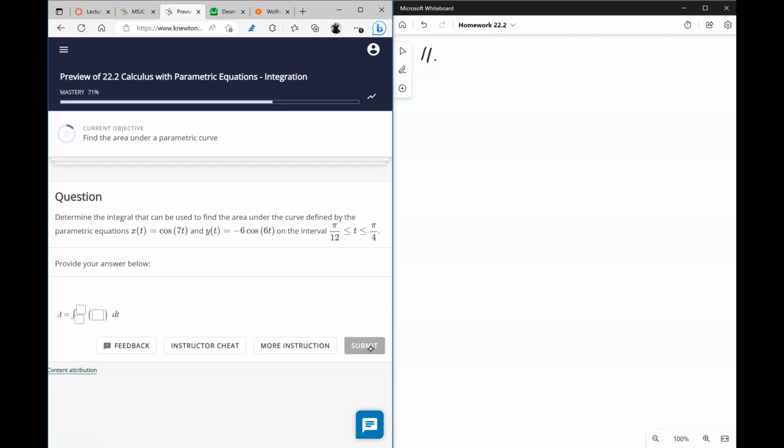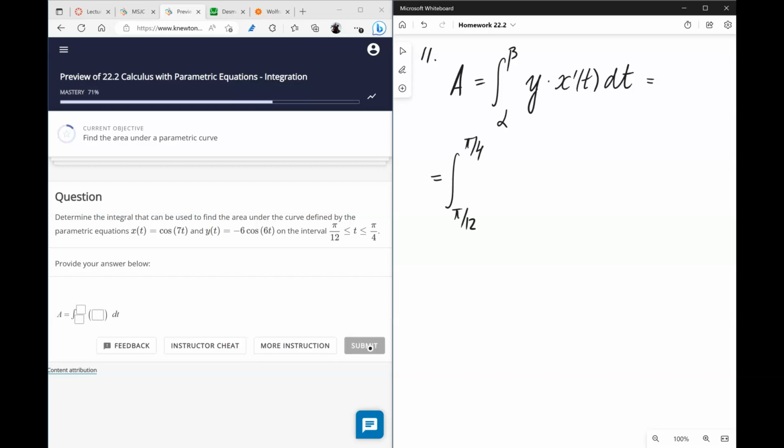We're setting up the integral to find the area under the curve. The area will be the integral from alpha to beta of y times x prime of t dt. So in our case, it's going to be from pi over 12 to pi over 4. y is negative 6 cosine of 6t, and x prime is negative 7 sine of 7t. All that dt.